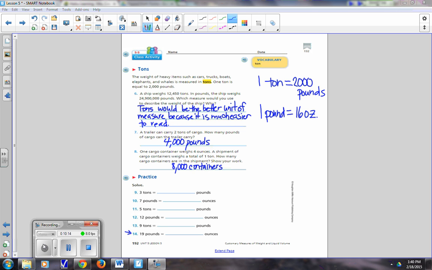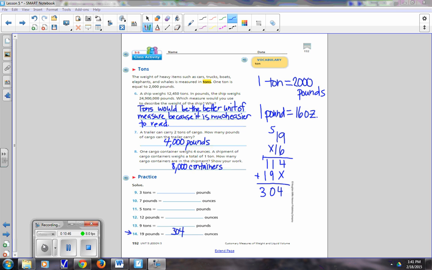So if I have 19 of these, I need to multiply by 16, because there's 16 ounces for each one of these pounds. 4, carry the 5, 9, and 1. So 304 ounces.